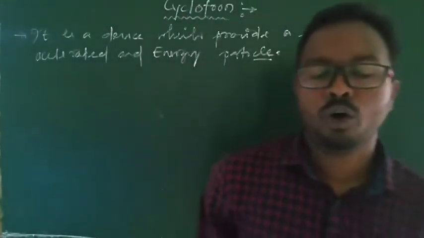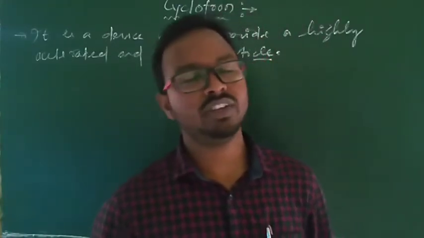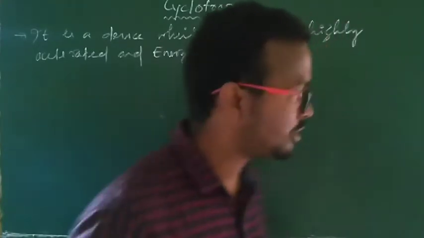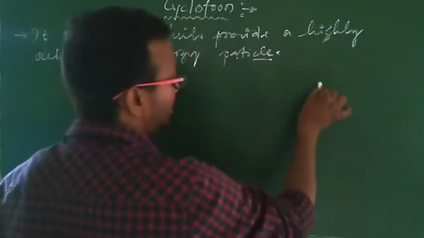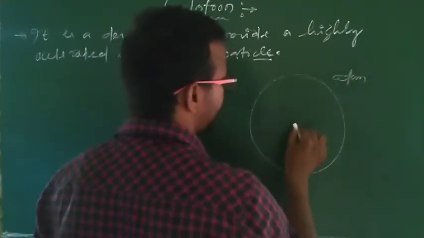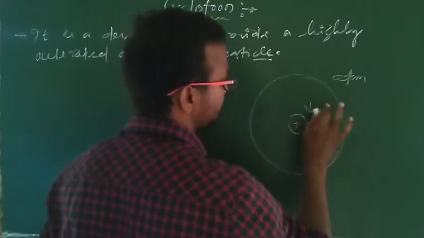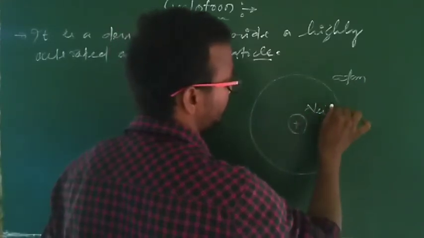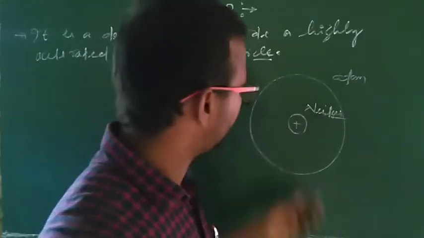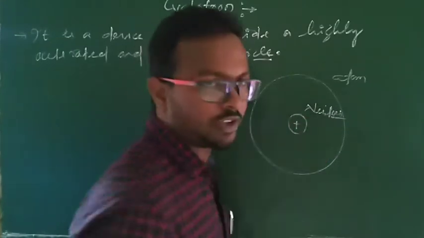Clear? So why do we need a highly accelerated charged particle, or a highly energetic particle? Suppose there is an atom, and the central part of the atom is the nucleus, and the electrons revolve around the nucleus, and it consists of neutrons and protons.